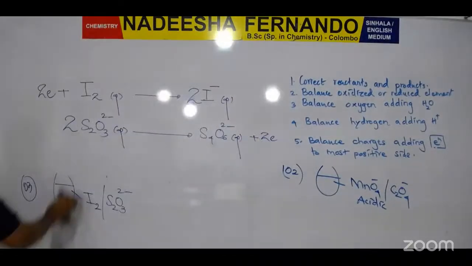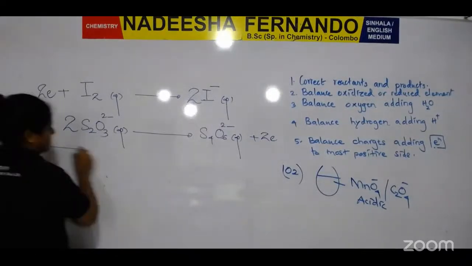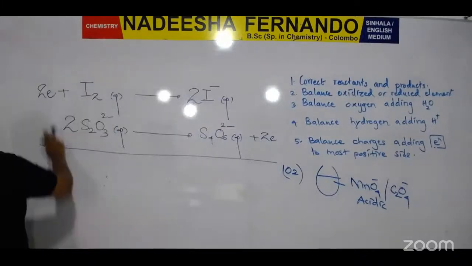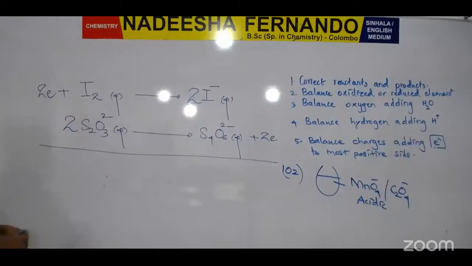Then how do we get the final ionic reaction? Here 2 electrons, 2 electrons. No need to multiply. Just add reactants and products.